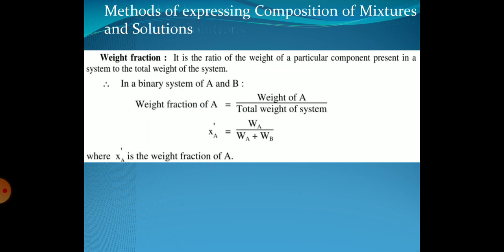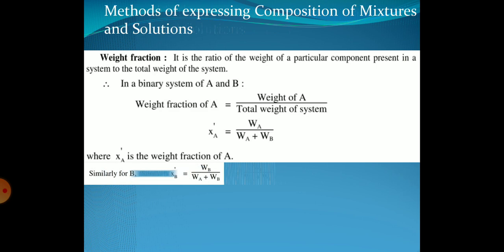It is given again, x dash A will be equal to WA upon WA plus WB, that is total weight of system, where x dash A is a weight fraction of A. Similarly, for component B, x dash B will be equal to WB upon WA plus WB, that is weight of B divided by total weight of system.